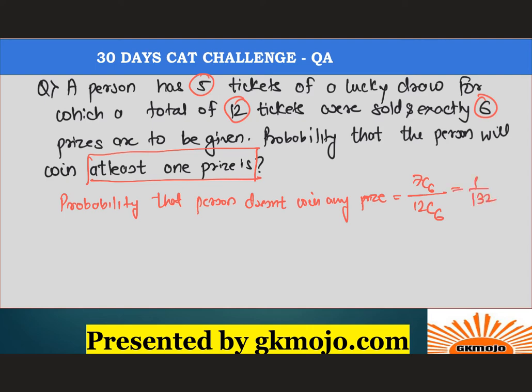Why 7c6? Because all these 7 tickets left are the pool in which he doesn't win the prize. This is the total pool and this is the total number of cases. This is our favorable scenario, that the person doesn't win any prize. So the probability that he wins at least one prize is 1 minus this 1 by 132, which is 131 by 132. This is your correct answer.